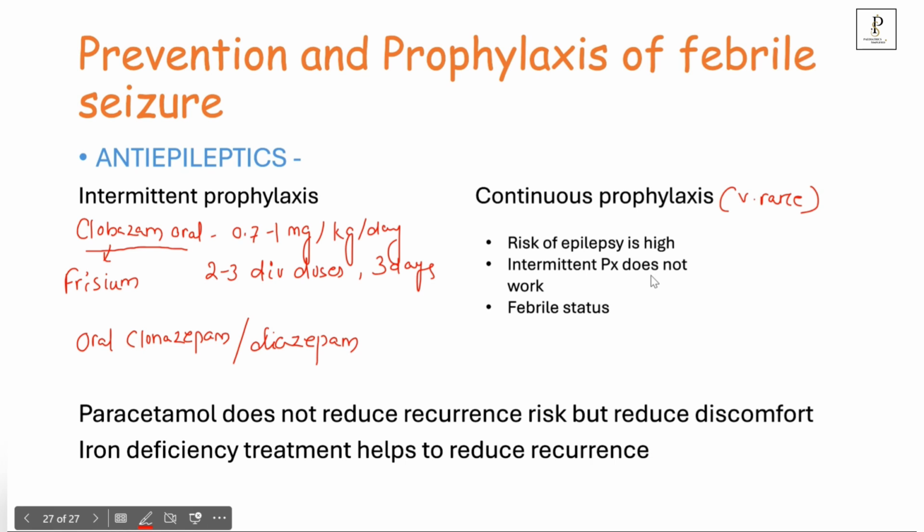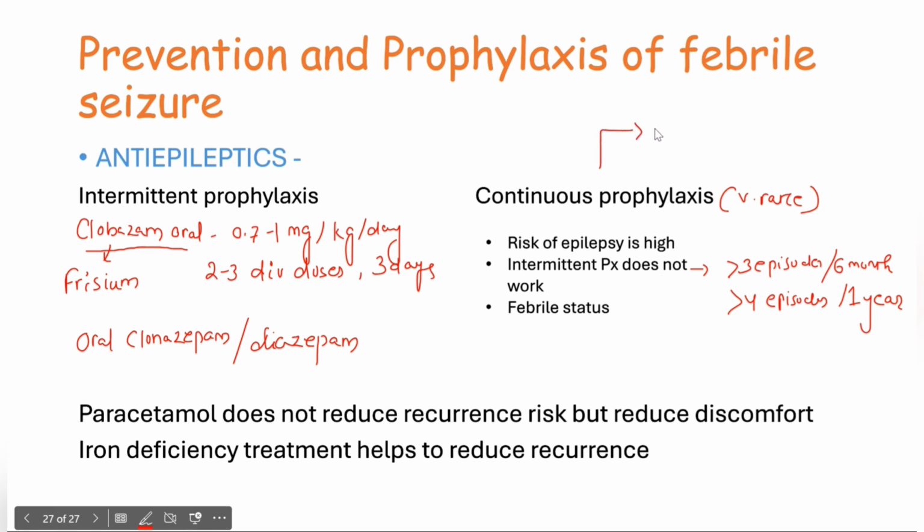If intermittent prophylaxis is not working, suppose you are giving the child antiepileptic prophylaxis when the child has fever, but it is not working, that means more than 3 episodes of seizure in over 6 months, or more than 4 episodes over 1 year, then you will call it intermittent prophylaxis not working. In that case, you can give continuous prophylaxis.